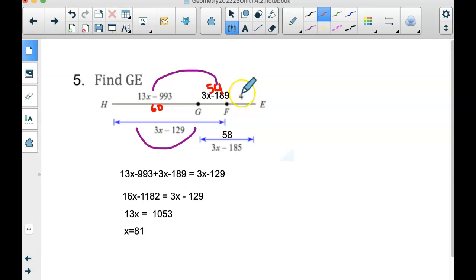So now, remember, 54 plus 4 is 58. Oh, look, I typed it. Okay, when you plug this in, you're going to get 58. Now I'm going to plug in 3x minus 129. 3x minus 129. And I'm getting 114.